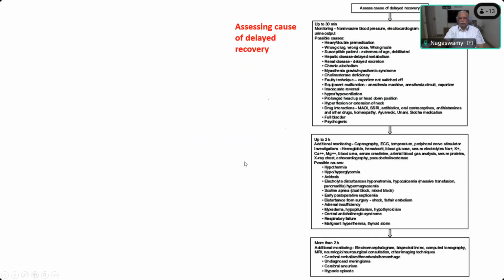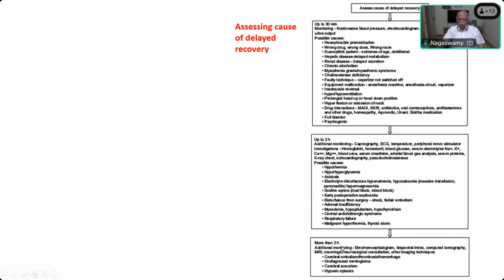Now, this is the flow chart for assessing the cause of delayed recovery. First, up to 30 minutes. That is why the early classification of immediate recovery, intermediate recovery, and late recovery will be useful here. Up to 30 minutes, you can use non-invasive blood pressure, ECG, and oxygen saturation to look for causes. If the patient does not recover even after 30 minutes, then up to 2 hours you can have additional monitoring, go for further investigations, and try to think of all these possible causes.